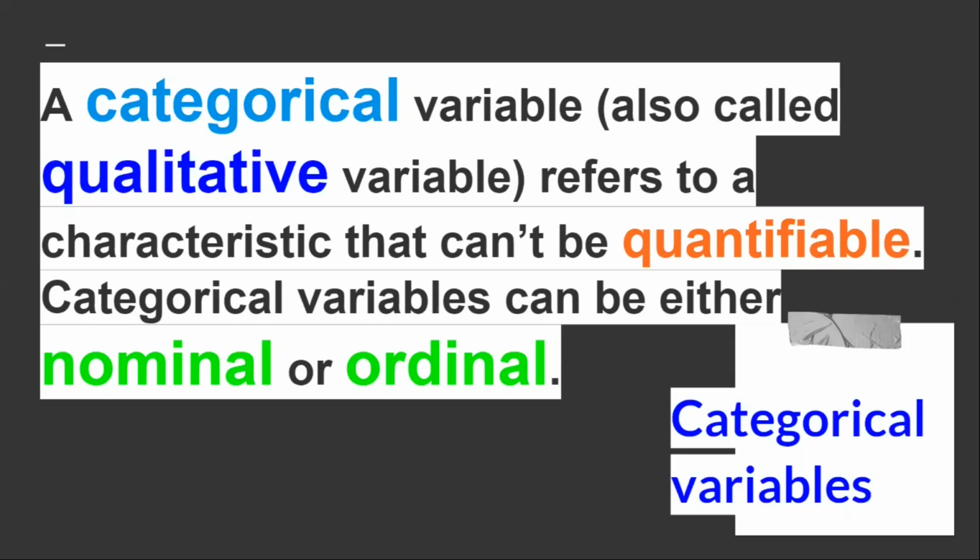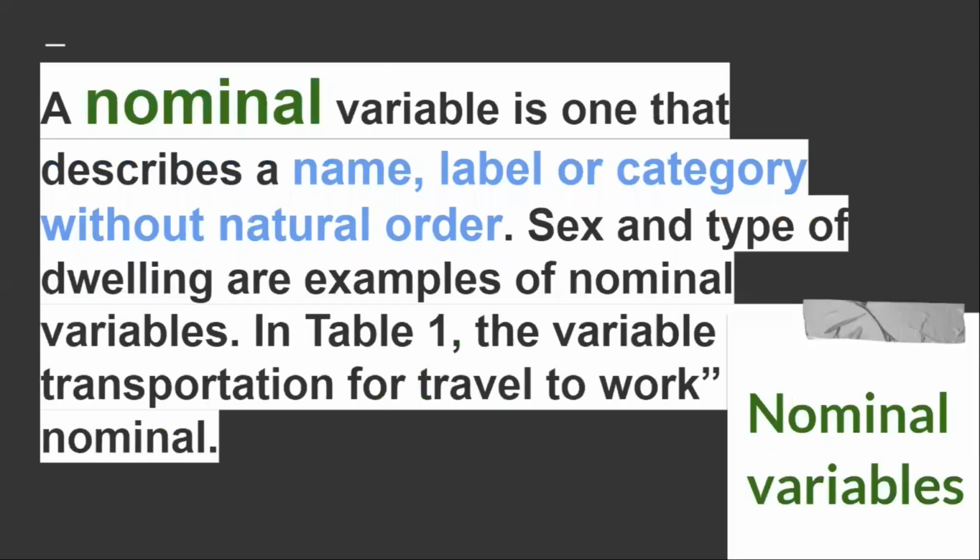A categorical variable can be either nominal or ordinal, the two main subcategories. The first subcategory of a qualitative variable is the nominal variable.